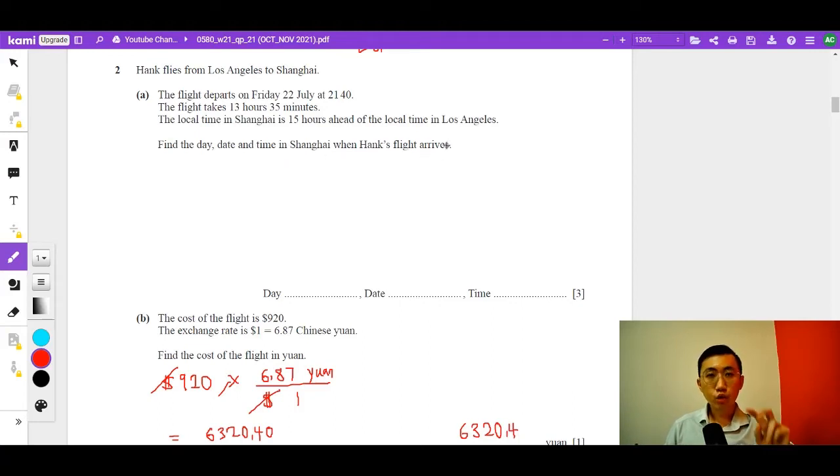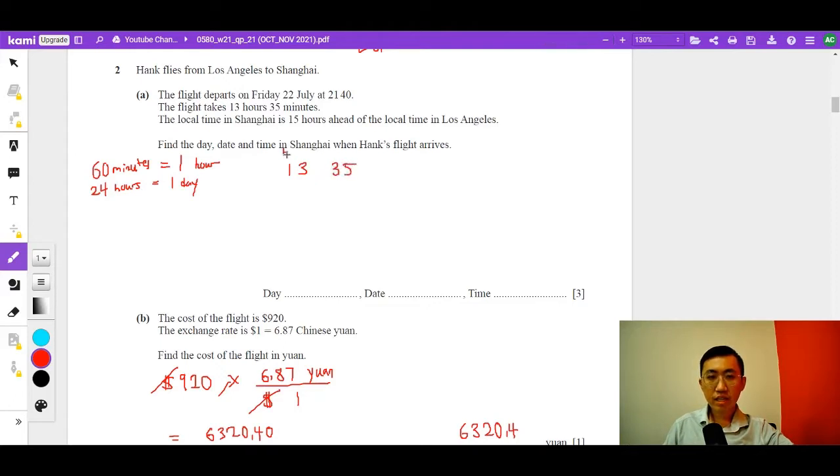Okay, there are 2 things that you need to pay attention to over here. You have to know that every 60 minutes is 1 hour, right? The basic. And every 24 hours will be 1 day. Alright, you move on to the next day after 24 hours of time. So we have to do some addition here. 13:35.